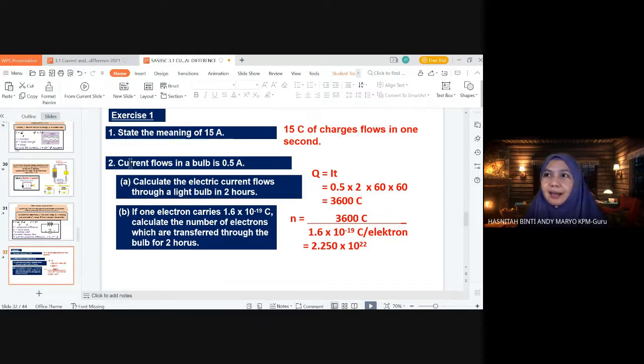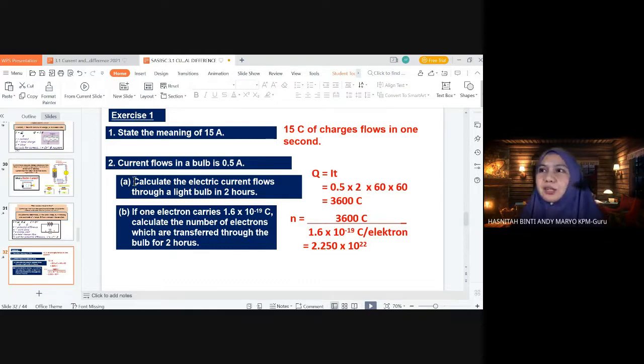Question number 2. Current flow in a bulb is 0.5 ampere. Now it's the calculation part, which means this is I. You have to calculate the electric current flows through a light bulb in 2 hours. This is the formula, Q equals IT.